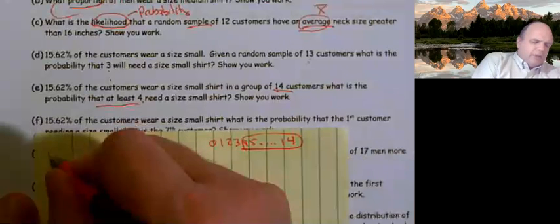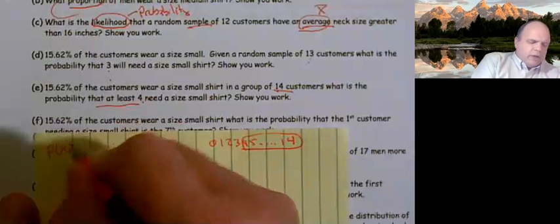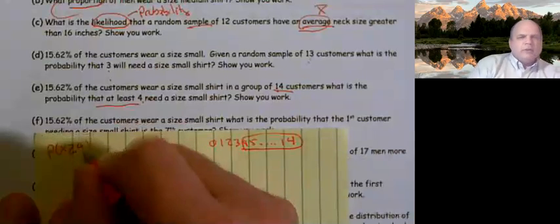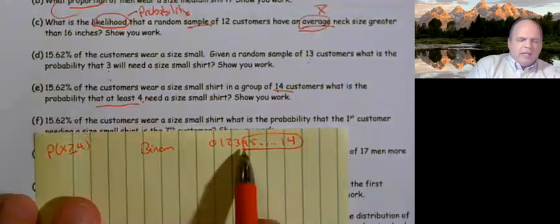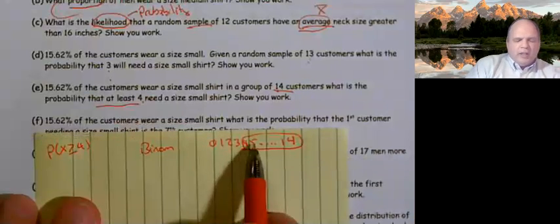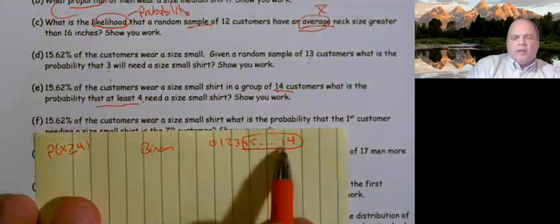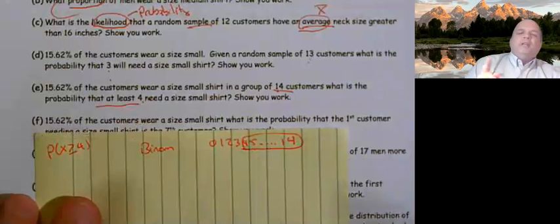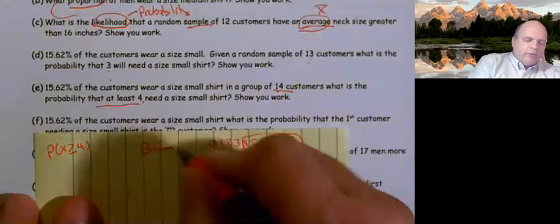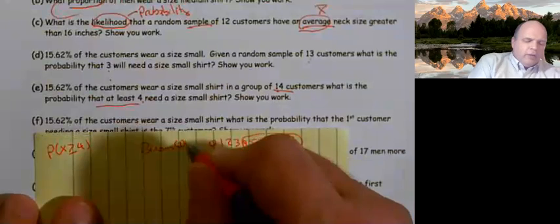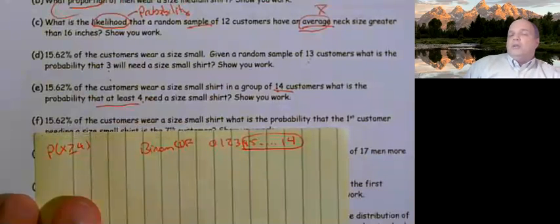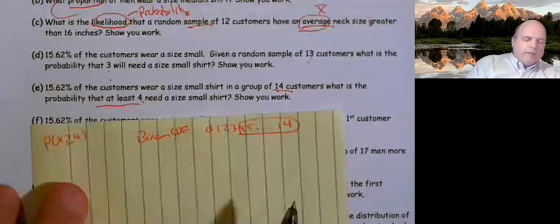So I need the probability that X is greater than or equal to 4. So essentially I have to do the PDF of 4 plus the PDF of 5 all the way to the PDF of 14. Please remember, a CDF is just a sum of all the individual PDFs. So we can do this as a binomial CDF, but we need to first show our PDF work.